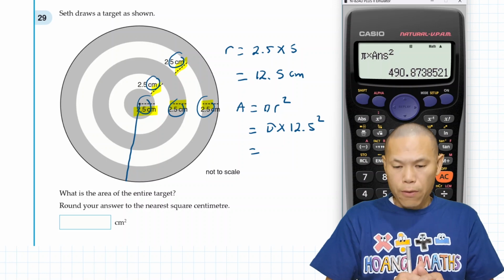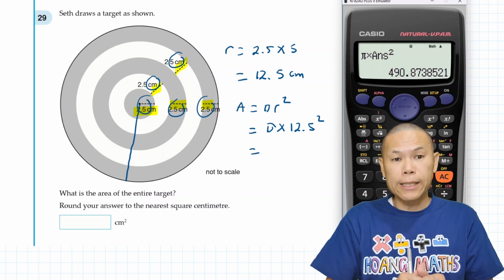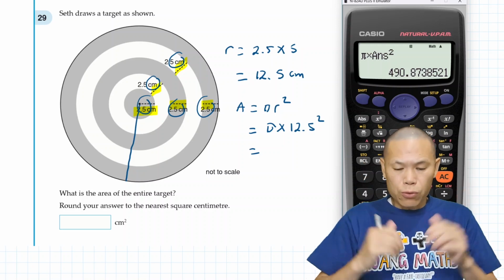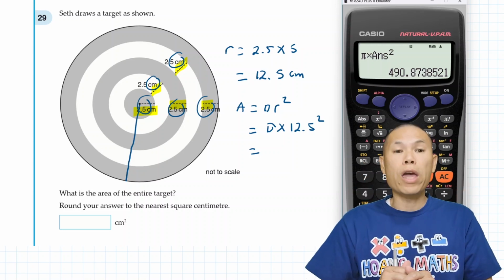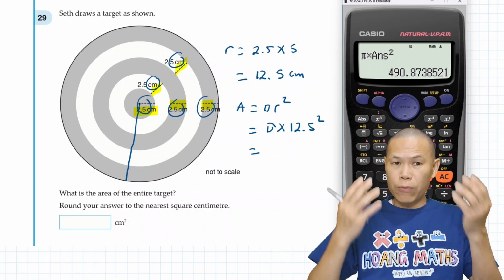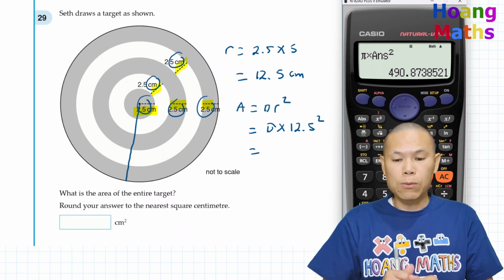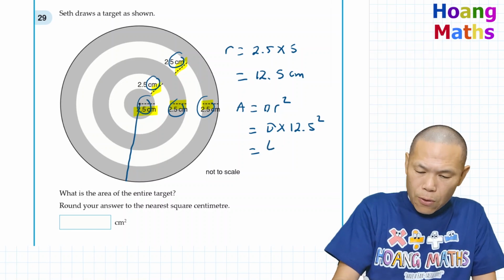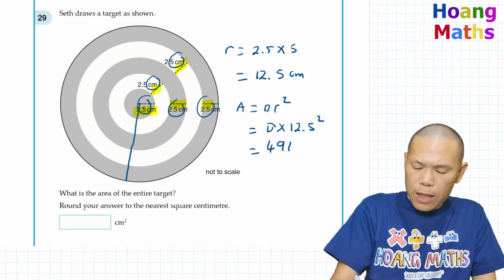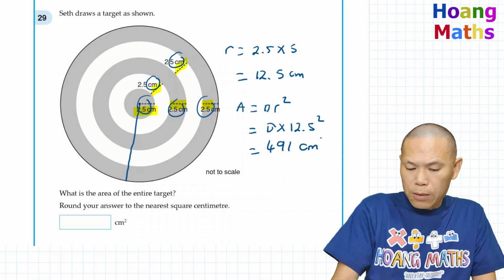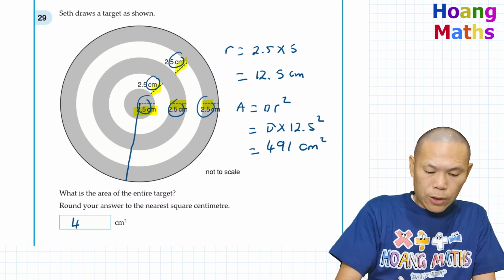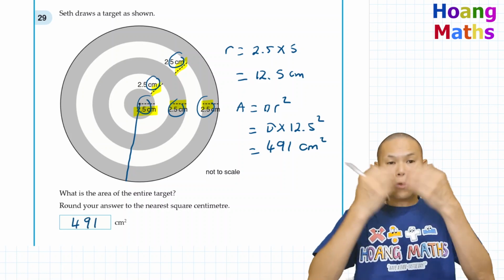So there you go, 490.87 and so on. And we need to round to the nearest square centimeter. That means we need to round to a whole number. So that is 491 square centimeters. There you go.